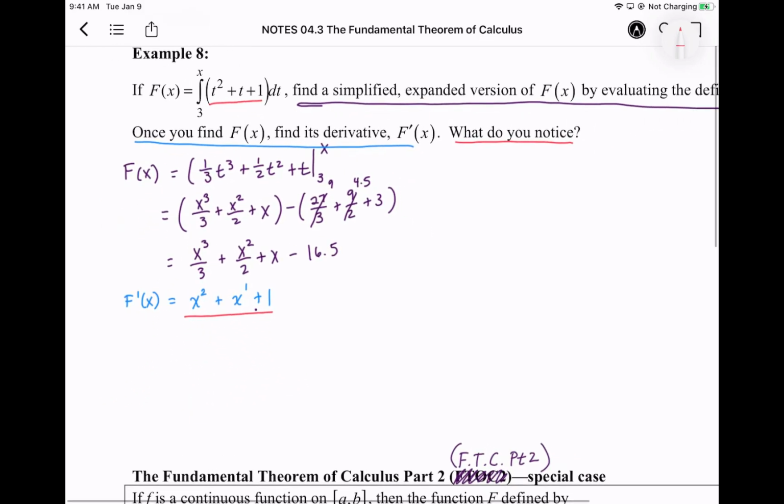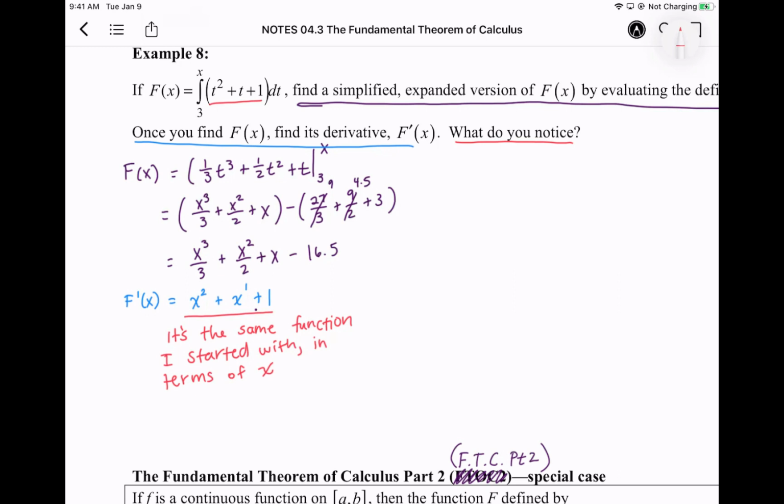So I'm going to make a little comment about this: it's the same function I started with, but it's in terms of x. Okay, so that's one thing.